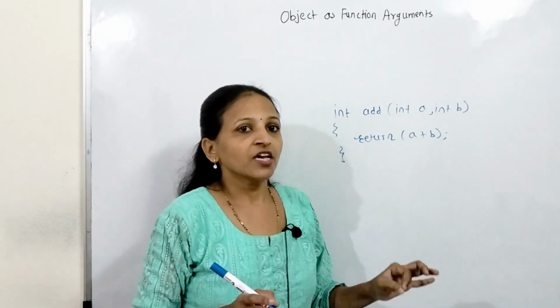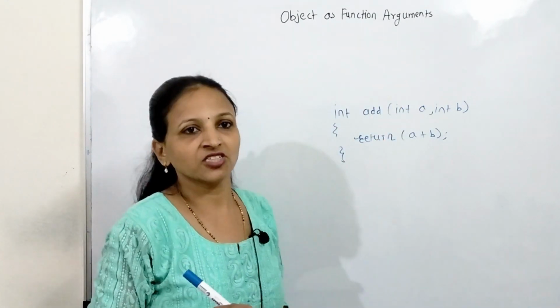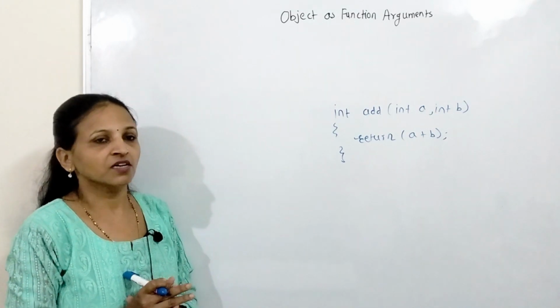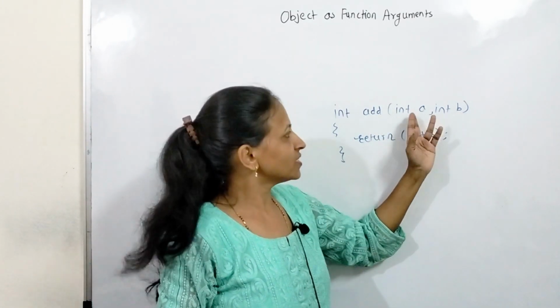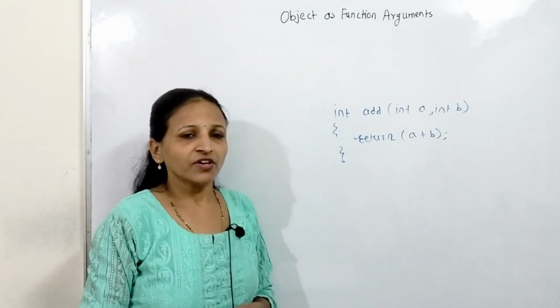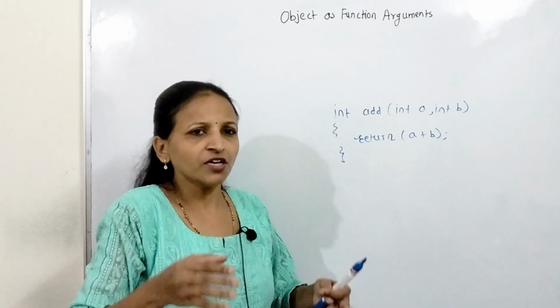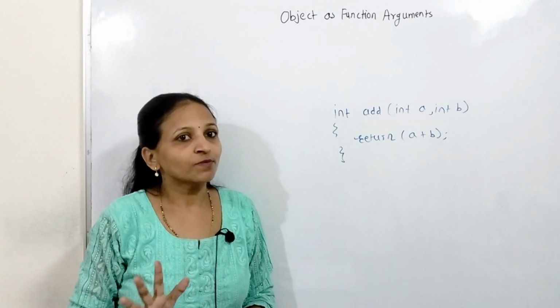In the same way, we can pass an object as an argument to the function. This is the only concept here. Object means a variable of type class, while these are just variables of basic data types. Actually, here we are learning that whatever we are doing with basic data types, we can do with objects.